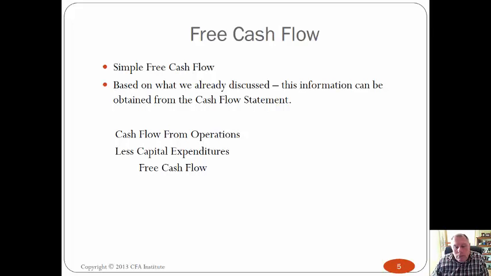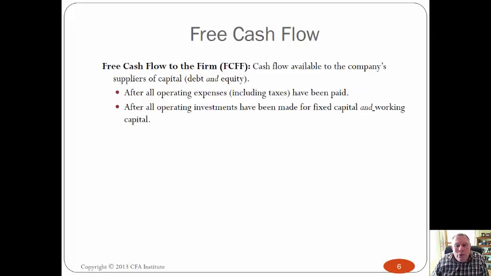Very simple model. Now, what we move into is one that's a little more complex, and that I'm referring to is the free cash flow to the firm, FCFF. Okay? And that is the cash available to the company's suppliers of capital. This is after all operating expenses have been paid and after all operating investments have been made.